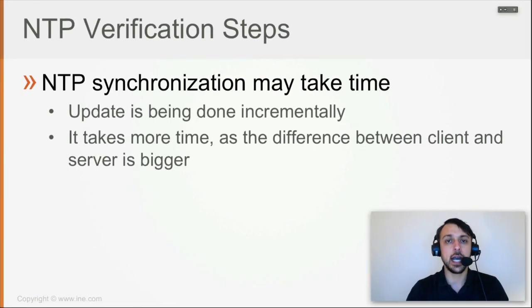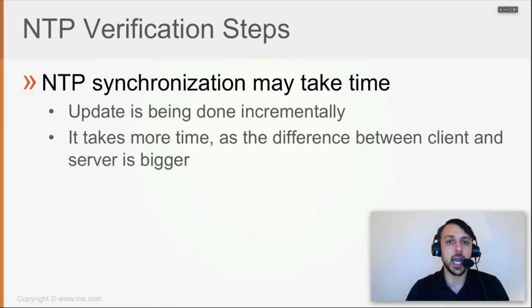So if the client time is, let's say, 6 p.m. and the server time is 10 p.m., it's a difference of 4 hours. The client is not going to update its time instantly upon the first receipt of an NTP packet from the server. This is being done incrementally based on a lot of, let's say, variables behind the scenes.